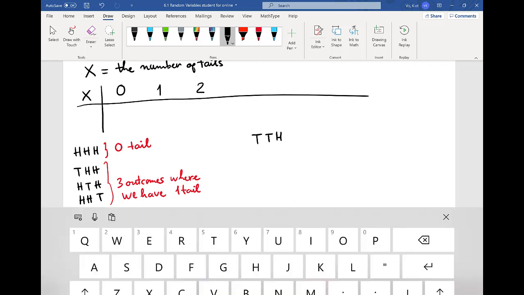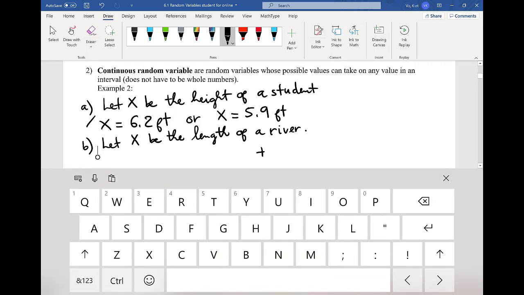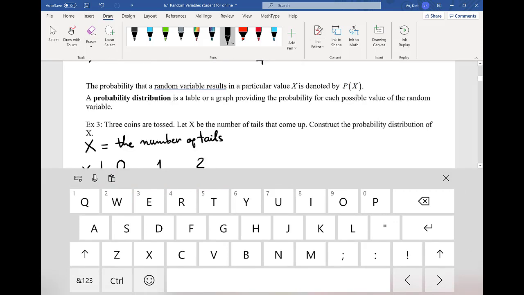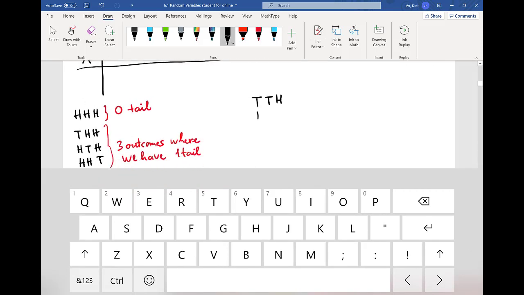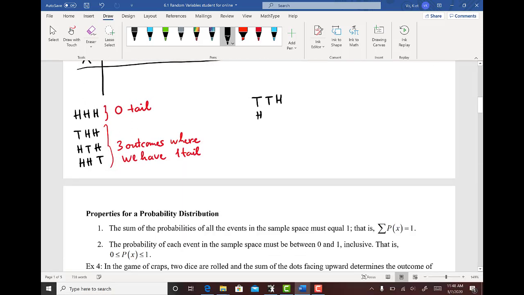Or you could have head first, and then the other 2 would be tails: head, tail, tail. Or you could have tail, head, tail. So again, there are three outcomes where we have 2 tails.